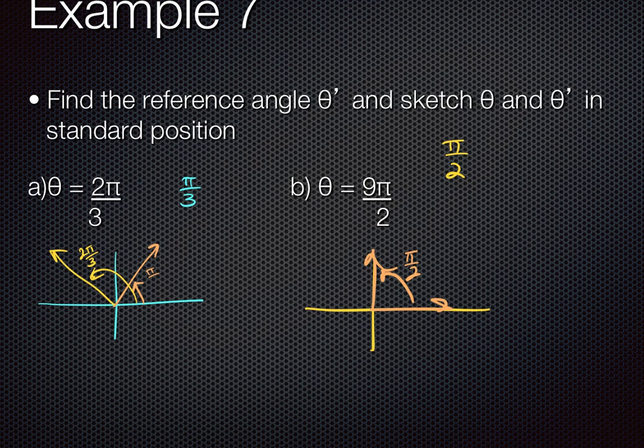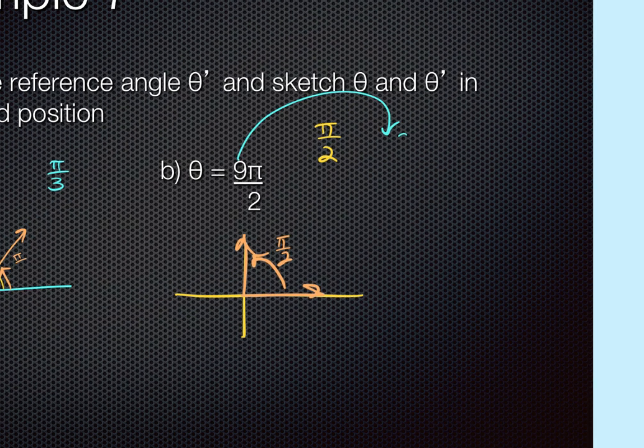Or what do I do with 9 over 2? So 9 over 2 is what in mixed number? 4 and 1/2. Where's 4? On the right. I went around 2 pi. I went around 4 pi, and now I go 1/2 more. So this angle looks the same, except you go around more times.